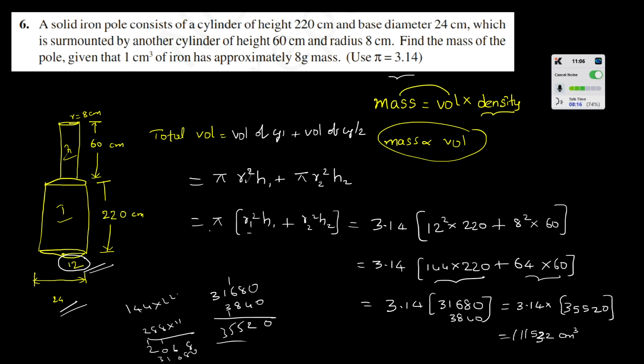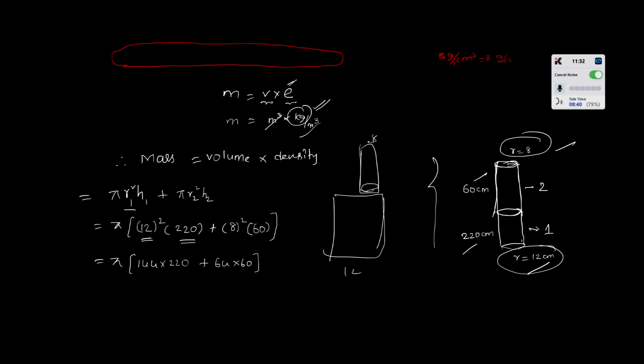centimeter cube. Now we have to multiply with the mass. It was given that 1 centimeter cube of iron has approximately 8 grams of mass. If 1 centimeter cube is 8 grams, 2 centimeter cube will be 2 into 8 grams, 3 centimeter cube will be 3 into 8 grams. Now we have 1,11,532 into 8.